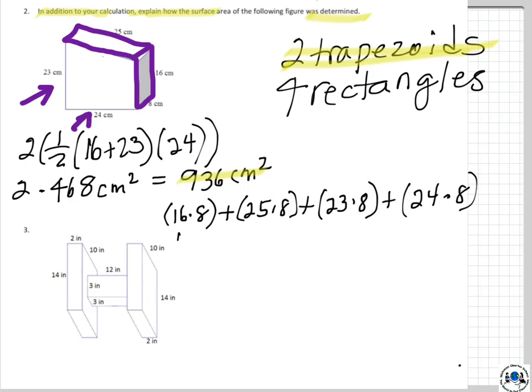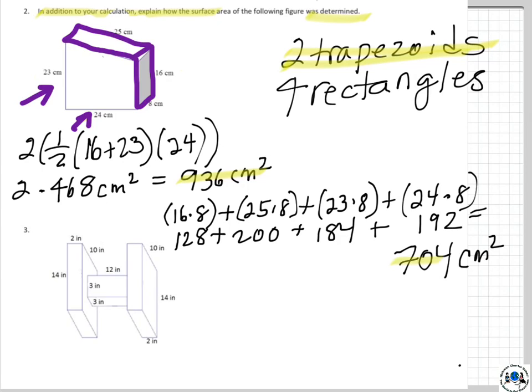They all have 8 in common. If we add all these up, we get 128 plus 200 plus 184 plus 192, which all equals 704 square centimeters. So all of our rectangles together total 704 square centimeters.